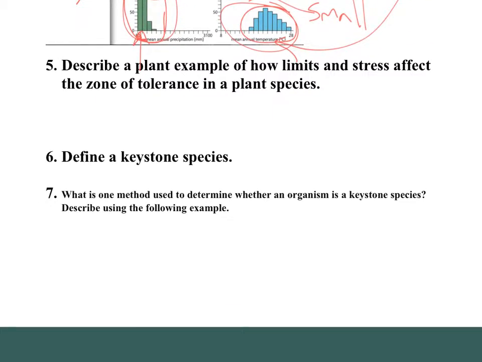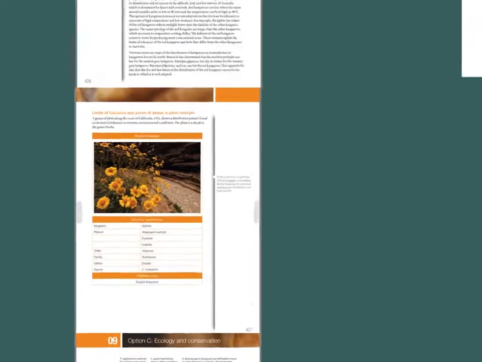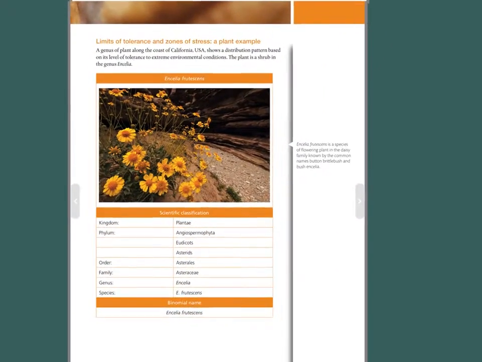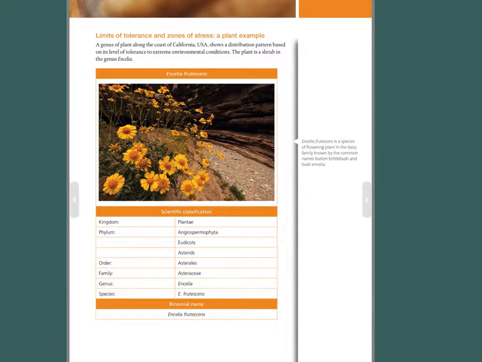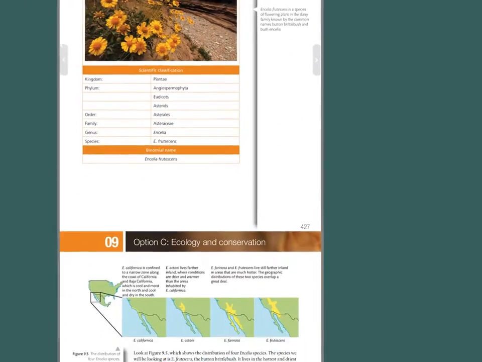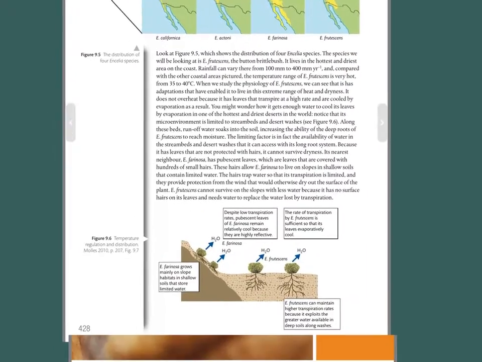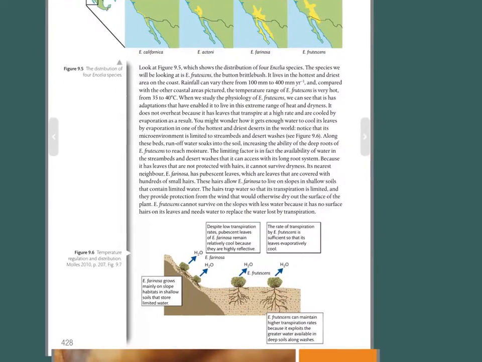So describe a plant example of how limits and stress affect zone of tolerance. If you zoom out, the limit zone of tolerance example is Acinia frutescens, and that is the example you're going to read about. And it shows frutescens in different areas.